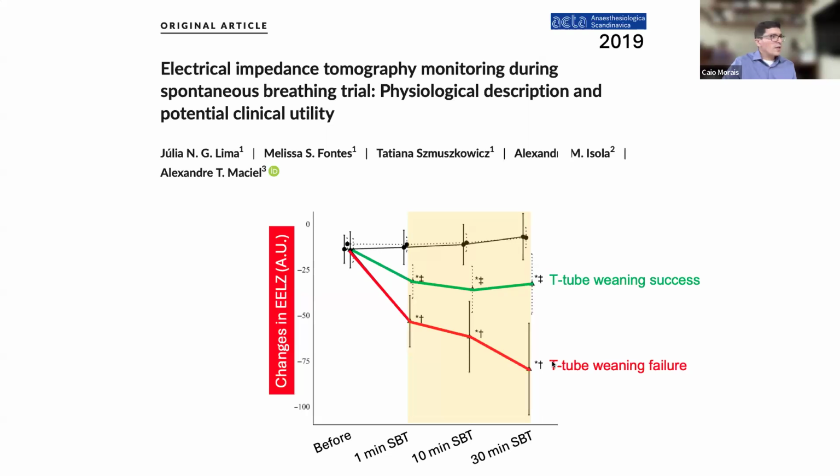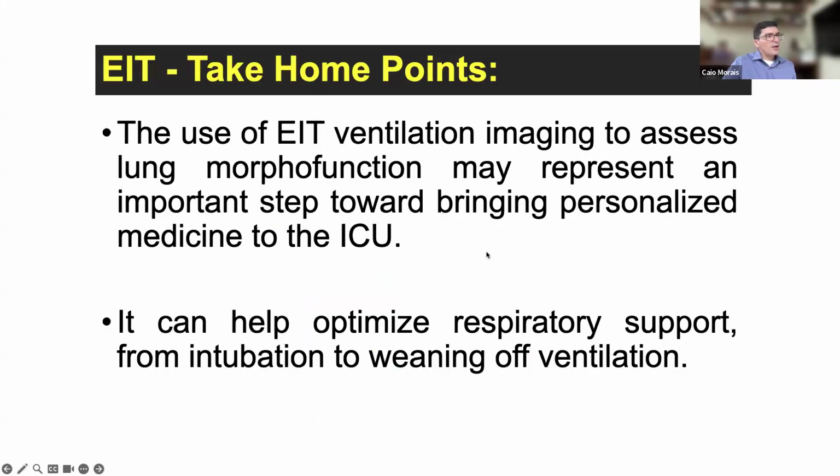Okay, so to finish, the take-home points: we believe that the ventilation imaging used by EIT, that is a simple way to assess the patient, can be used to differentiate lung morphology and function, to distinguish patients with focal and non-focal disease.